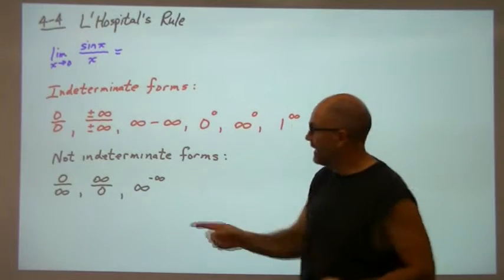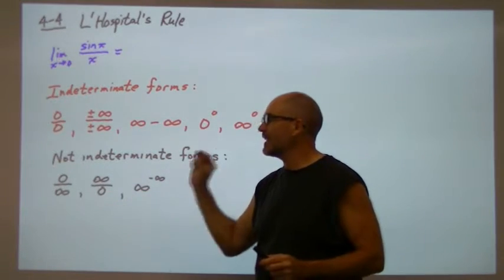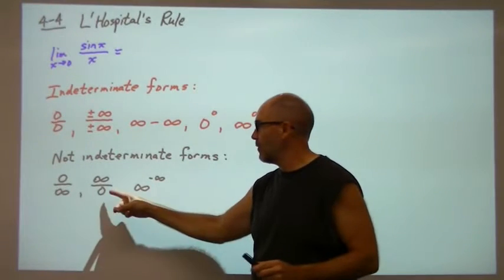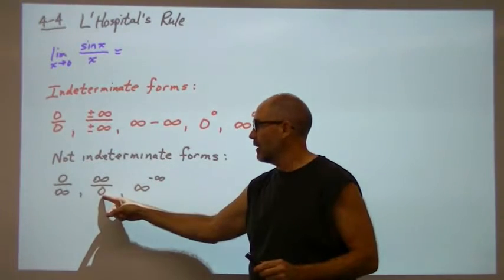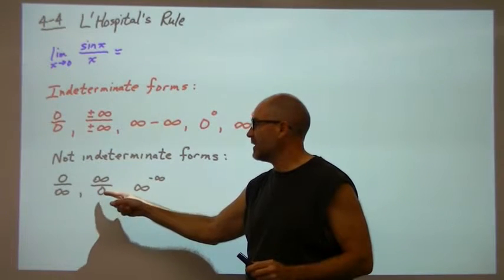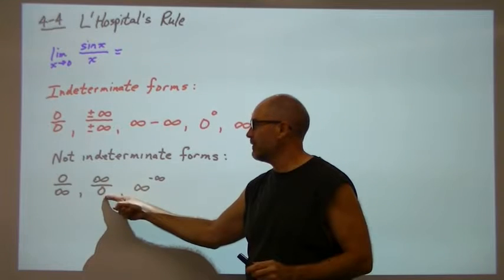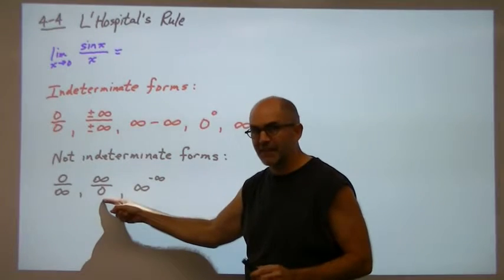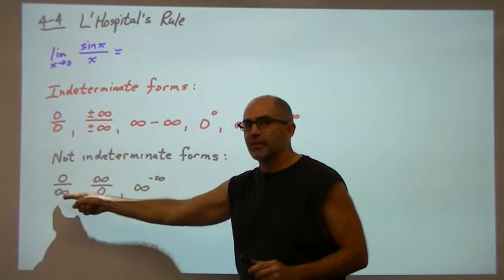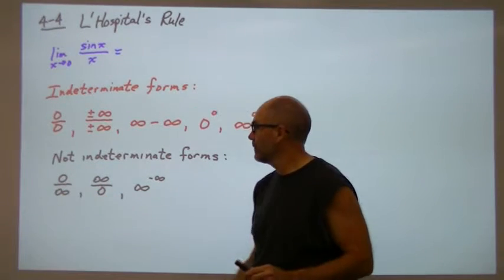Well, yeah, dividing by 0 is undefined, but the limit as the denominator approaches 0 would be infinity. If you have an infinitesimally small denominator, you have infinity. That's not indeterminate, it's infinity. And 0 over infinity, that's not indeterminate either, that's 0.